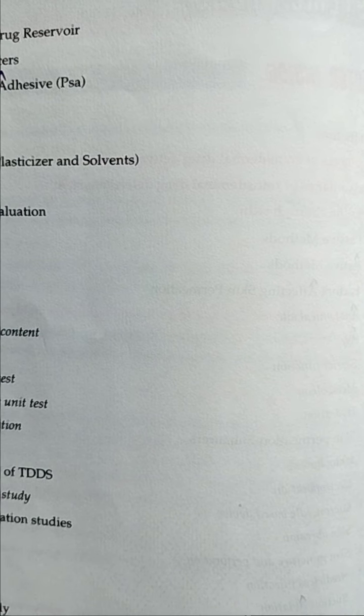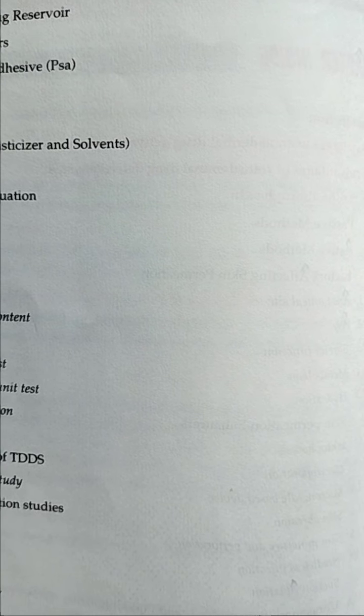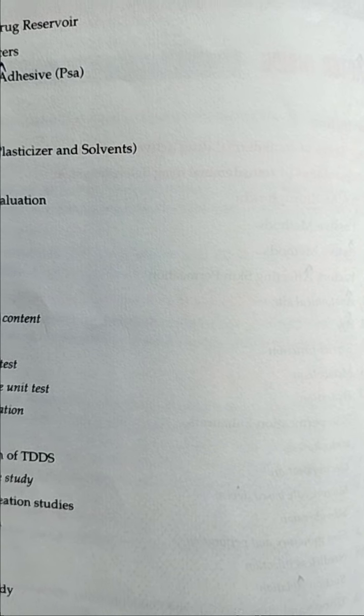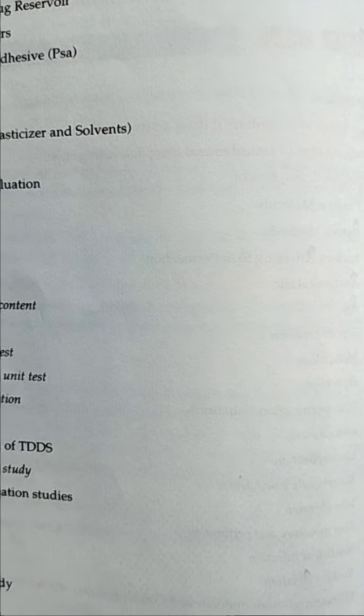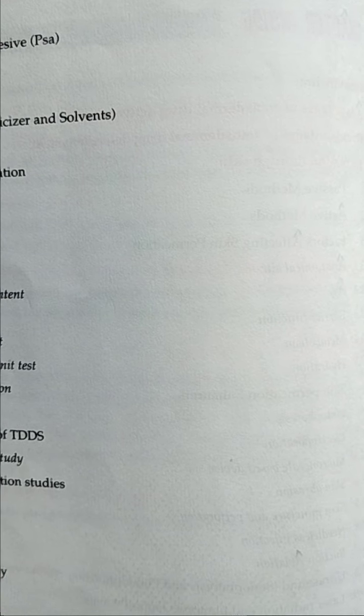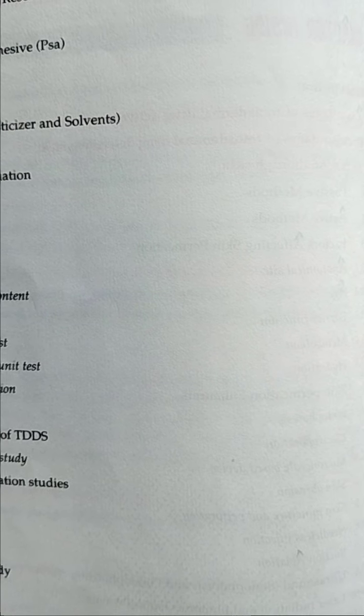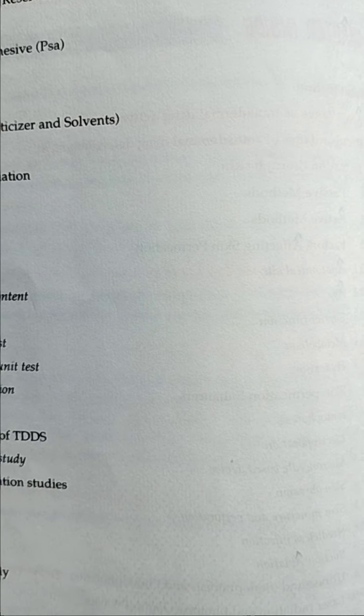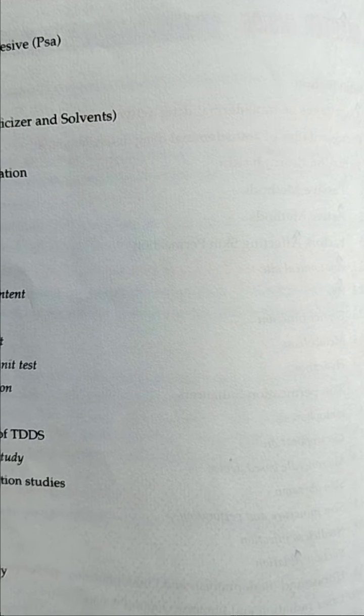The top or uppermost layer of the skin is called the stratum corneum, which represents the end product of the differentiation process.